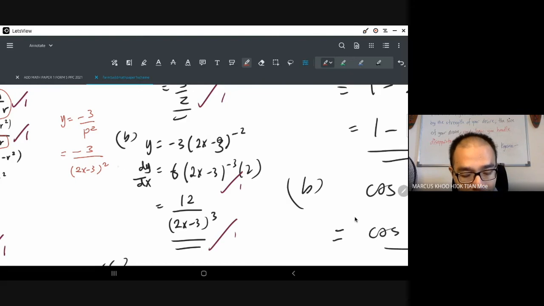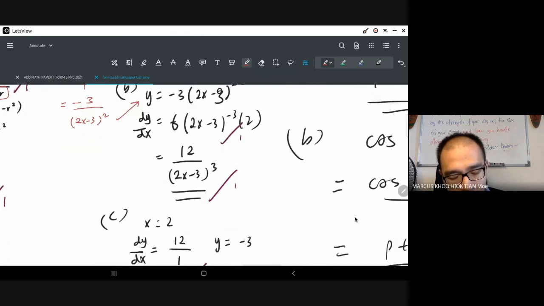Then I bring it up and I use the inside-outside or the chain rule differentiation, which we spent so long doing when we were studying this. I hope you remember. And so you will get this final answer, 12 over 2x minus 3 to the power of 3.